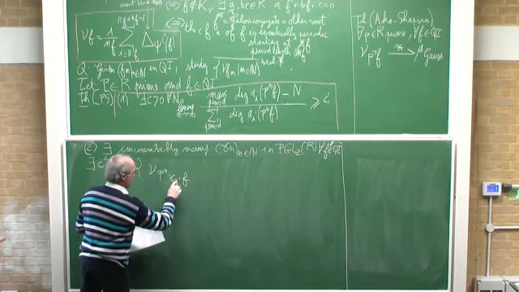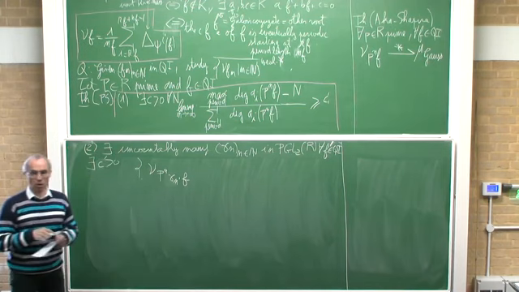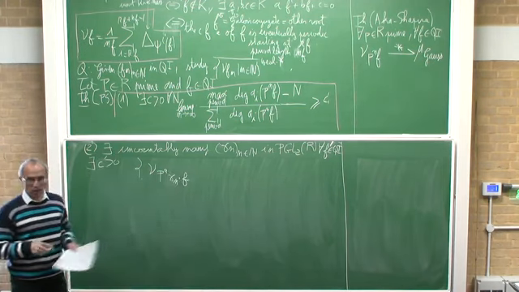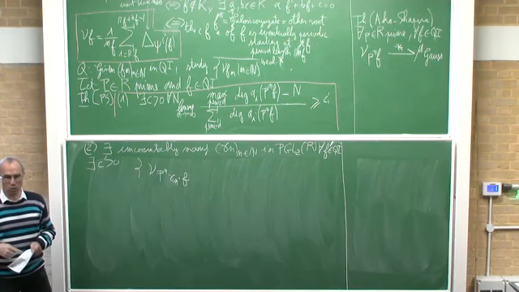So the dot here is for the projective action of the element in PGL2 of R on the quadratic irrational.